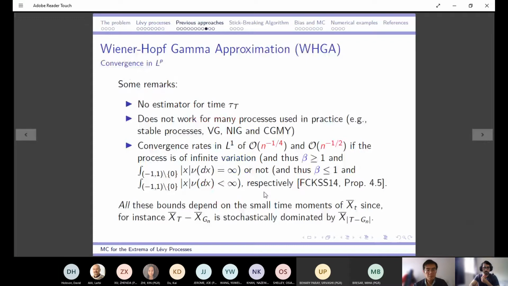If you use this approximation, then your convergence speed is roughly of order n to the minus 1/4 if either beta is greater than 1, so you have too much small jump activity, or if you have a Gaussian component, and otherwise it's of order n to the minus 1/2. That's it, if you don't have a lot of jump activity.